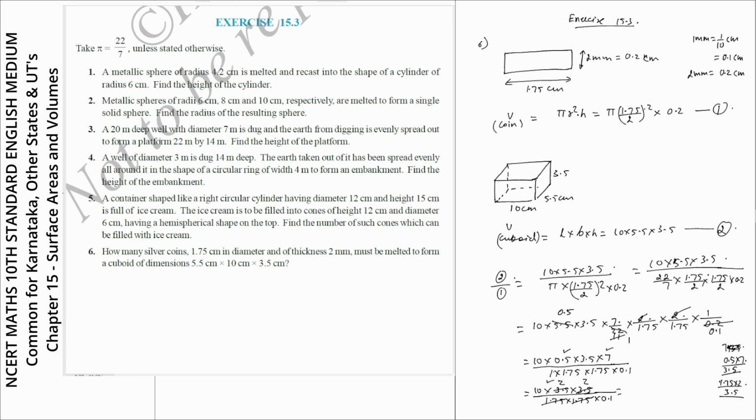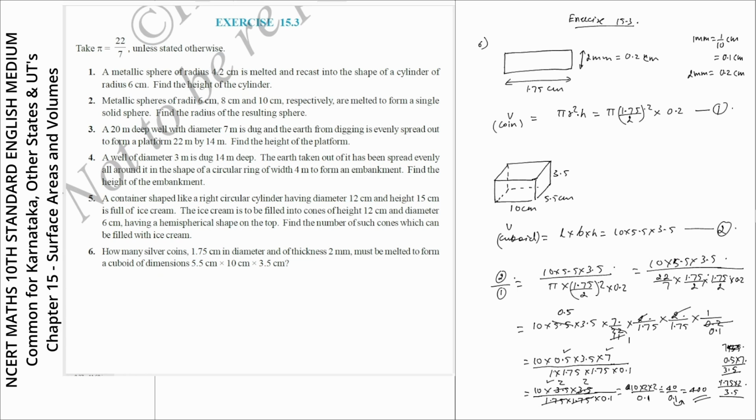So now I am getting 10 into 2 into 2 into 0.1 in the denominator. So 2 2s are 4, 4 10s are 40, 40 by 0.1 is 400. If I shift the decimal here, I should add 10 to the numerator. Okay, so the answer is 400.